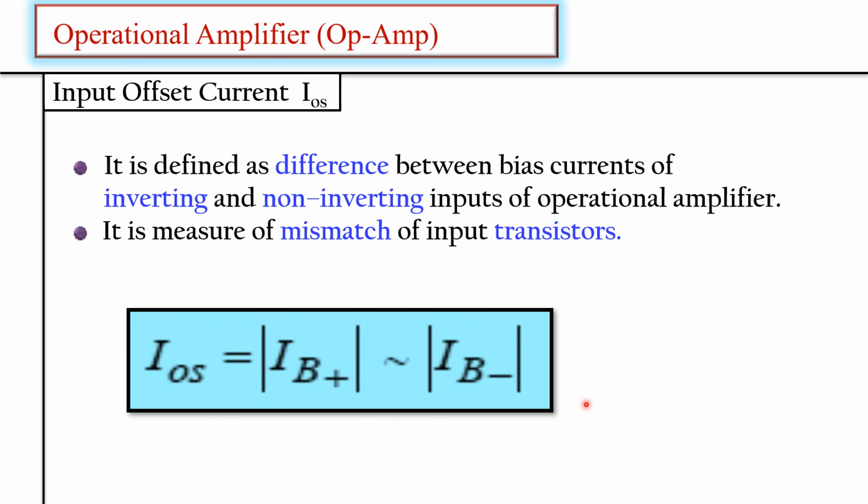It should be equal to 0, but it is a measure of the mismatch of the input transistors. The transistors are not equal, there is some mismatch, and therefore we get an input offset current. These currents flow through the bases of the transistors of a differential amplifier.